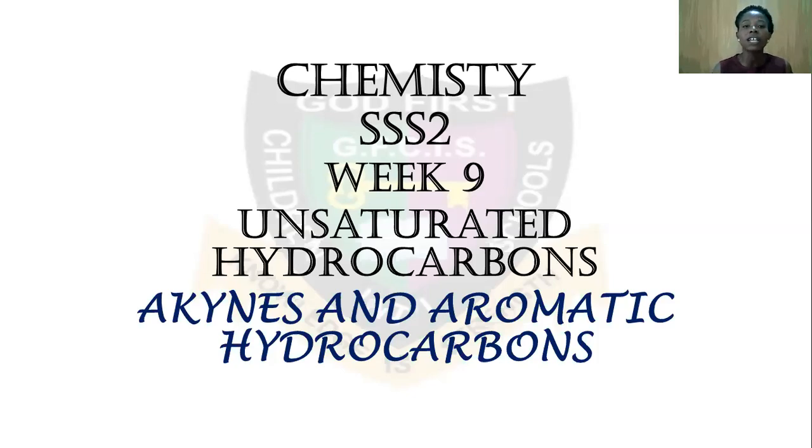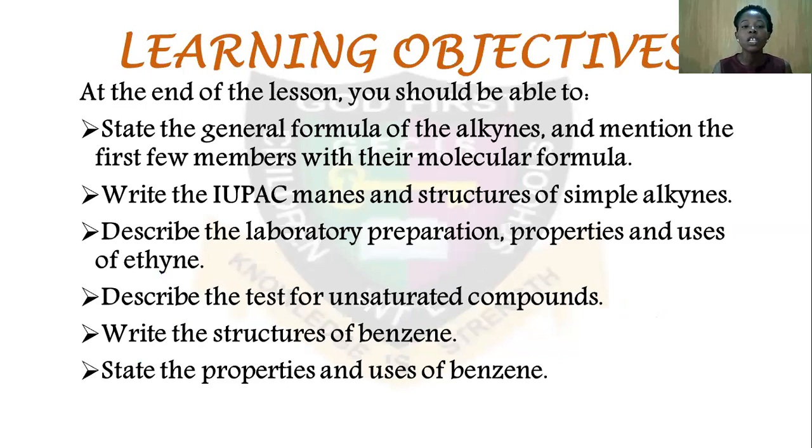So let's look at our learning objectives. Number 1, you should be able to state the general formula of the alkynes and mention the first few members with their molecular formula. Please pardon me if I'm not pronouncing the word alkynes correctly, but what we are looking at is the hydrocarbons which end with YNE.